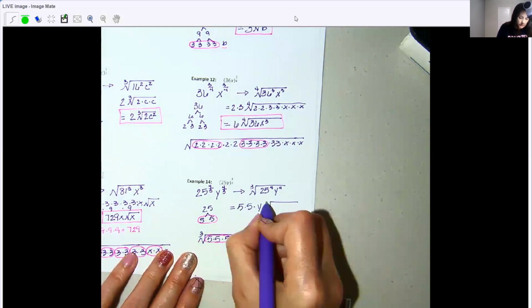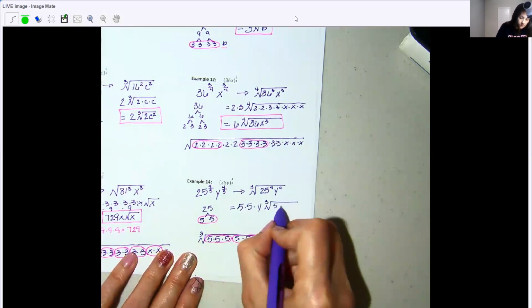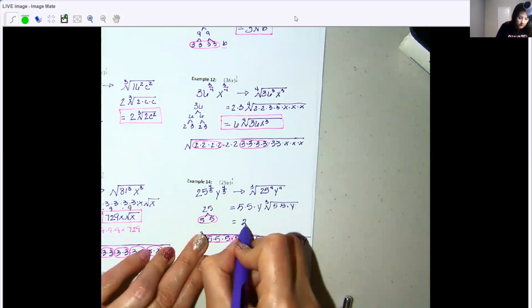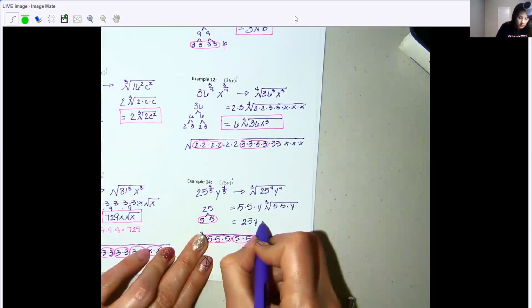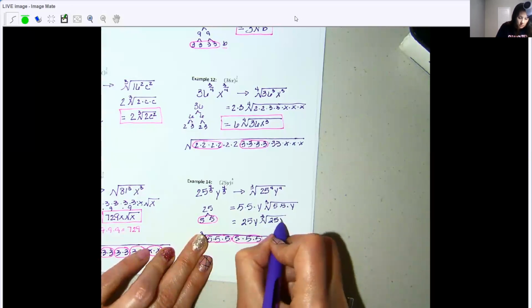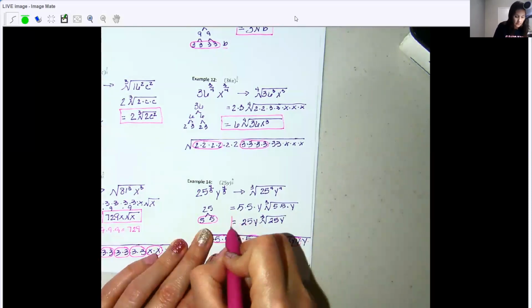And then on the inside, I have 2 5s and a y. Oh, the same thing. Okay, so I can simplify that to 25y cubed root of 25y. There is my final answer.